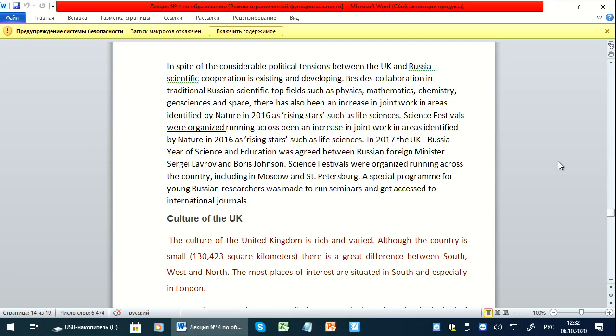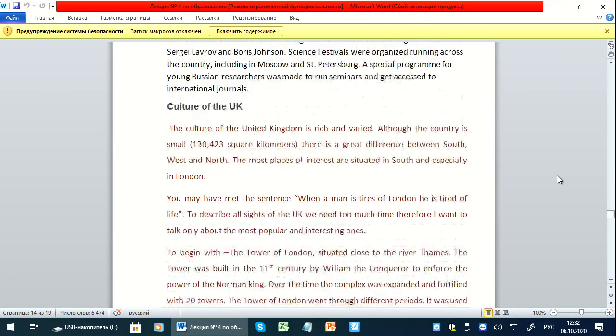Most places of interest are situated in the south, and especially, of course, in London. You may have met the saying, when a man is tired of London, it means he is tired of life.